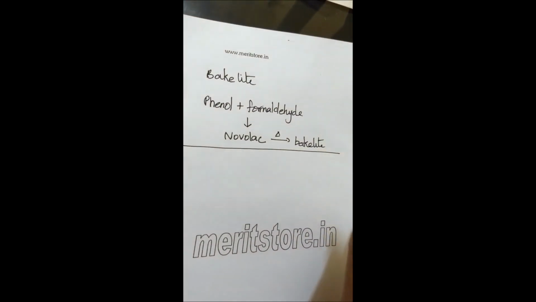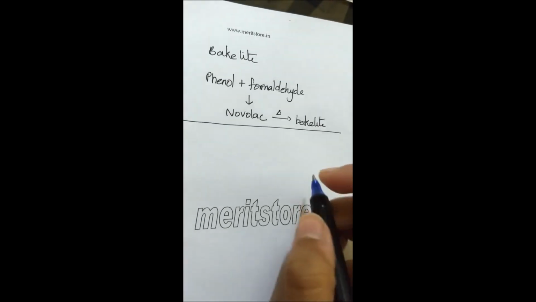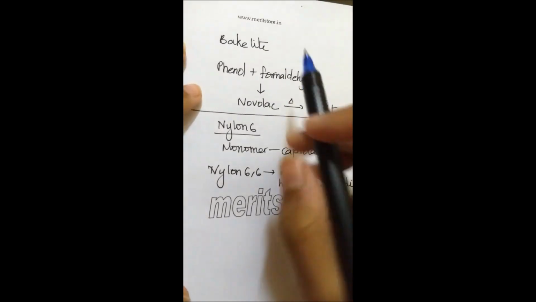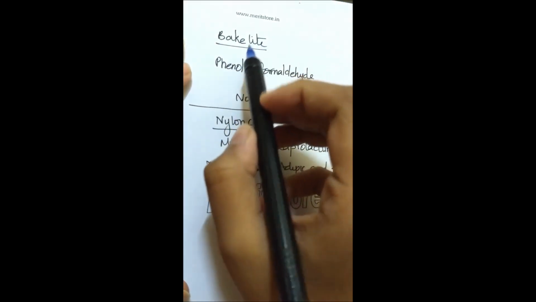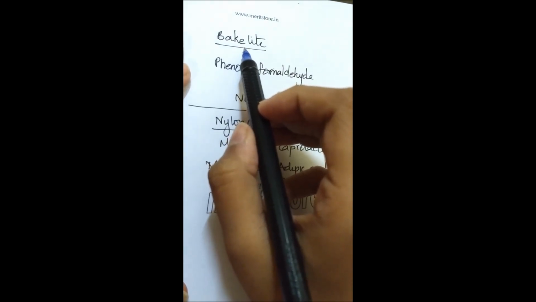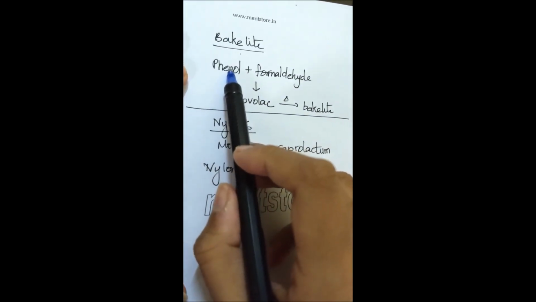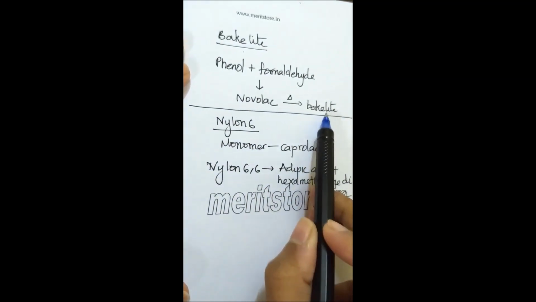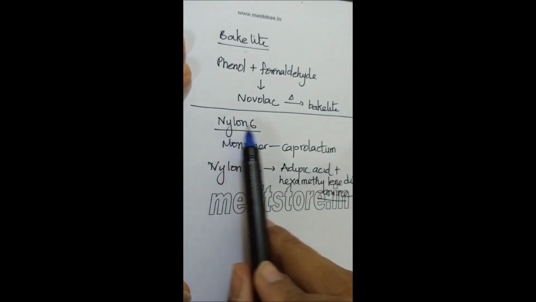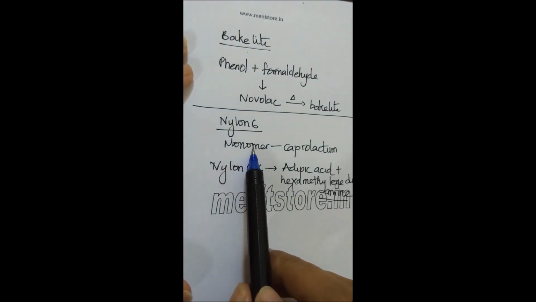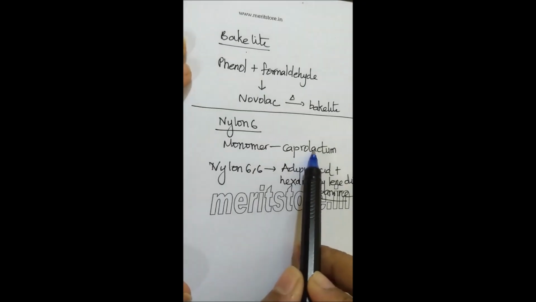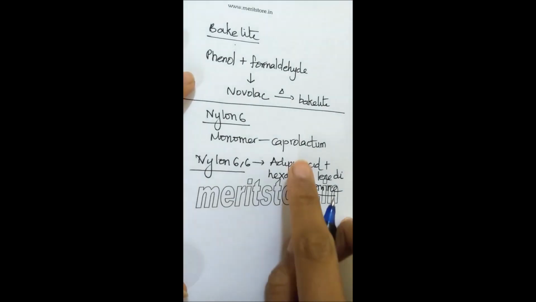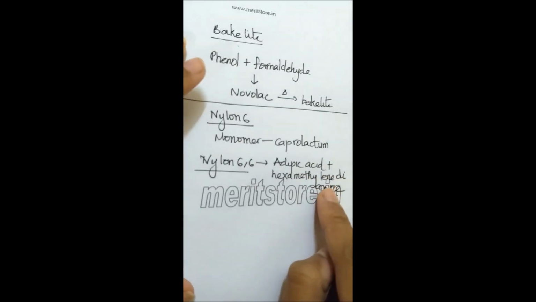Another very important example of a condensation polymer is nylon 6. It is made up of the monomer caprolactam. And we also have nylon 6,6, which is nothing but adipic acid and hexamethylene diamine.